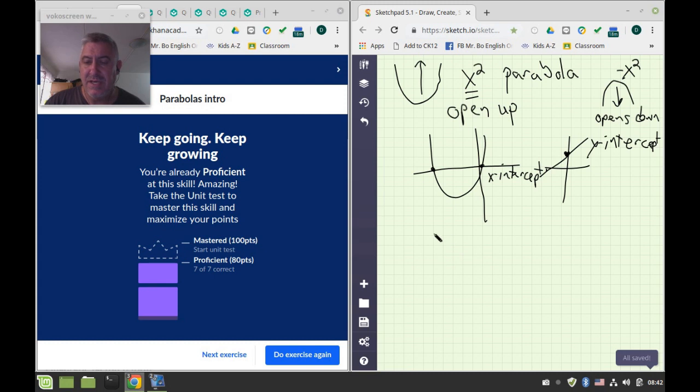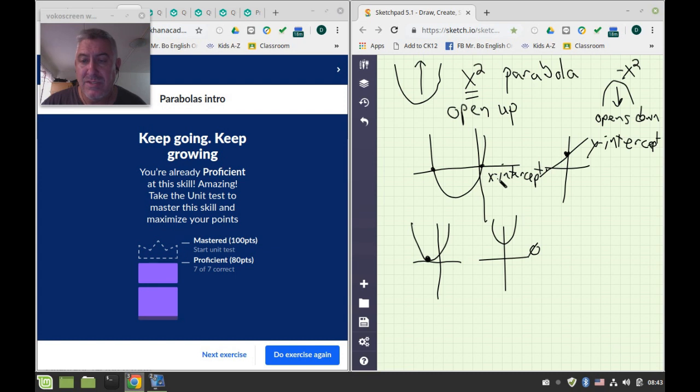So generally, we've got three ways that a parabola can intercept the x-axis. One is to have two x-intercepts, and one is when it just touches in one spot and comes back up, and then the other kind is up here, and there are no x-intercepts.